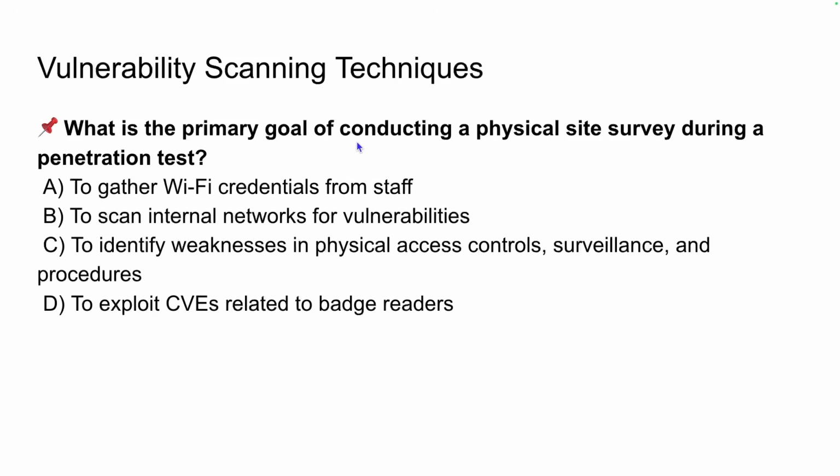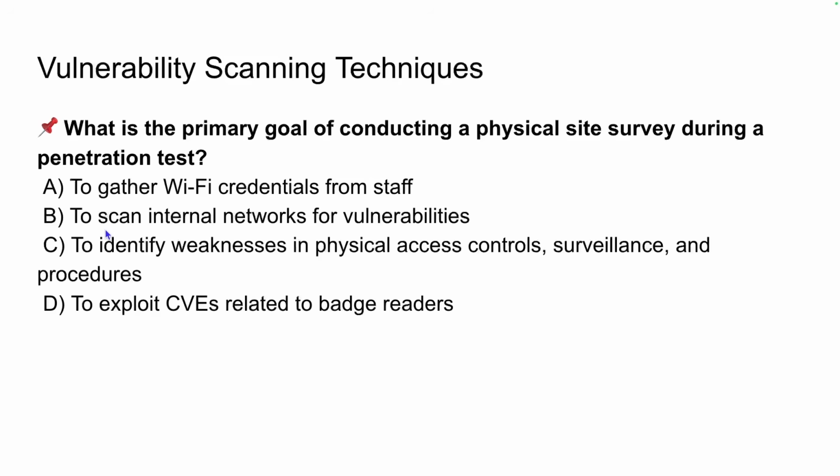What is the primary goal of conducting a physical site survey during a pen test? So site survey, recon, right? So primary goal is reconnaissance when you're doing a site survey to try to find weaknesses and things like that. To gather Wi-Fi credentials from staff is social engineering. To scan internal networks for vulnerabilities is not a physical site survey, right?